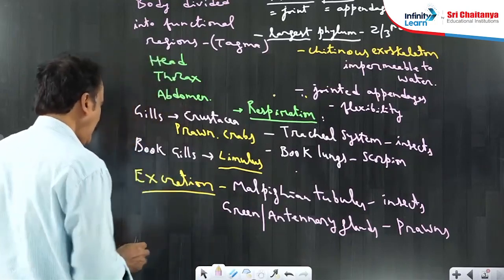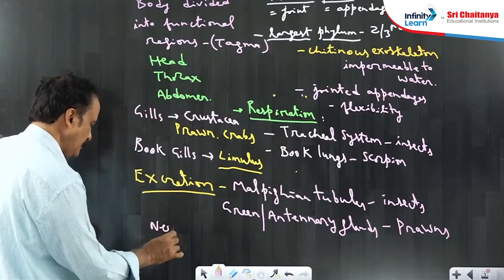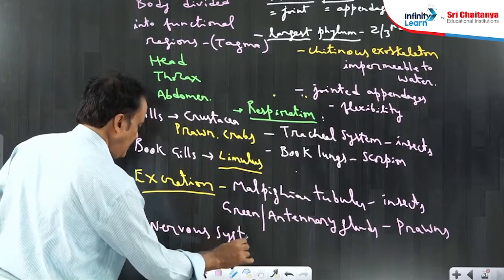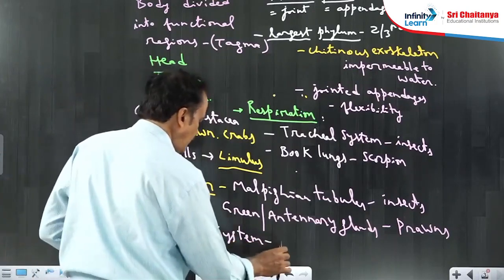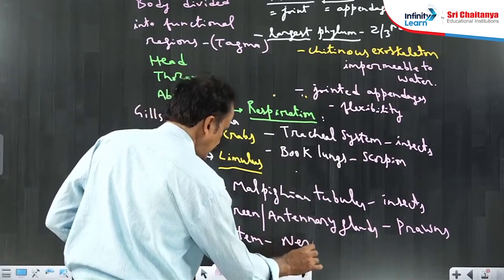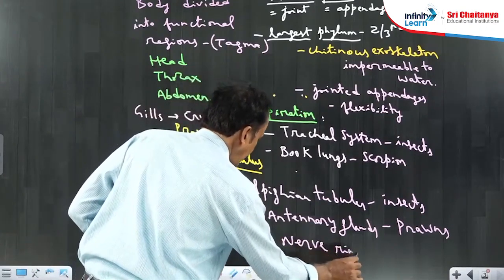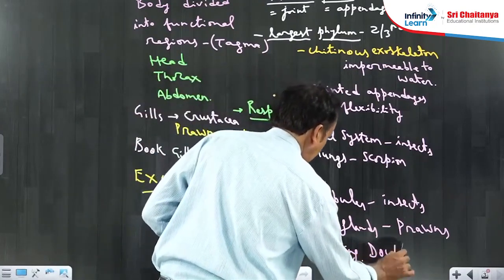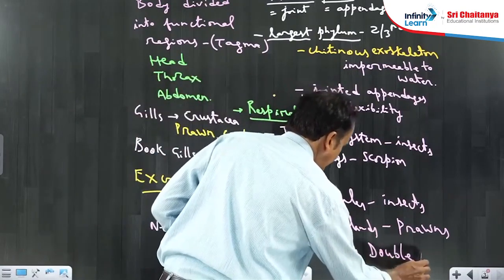And when it comes to the nervous system, nervous system is formed by the nerve ring and double ventral nerve cord. This is common right from Annelida.